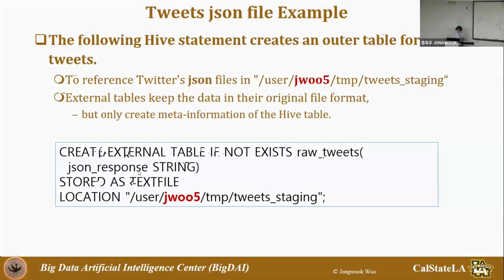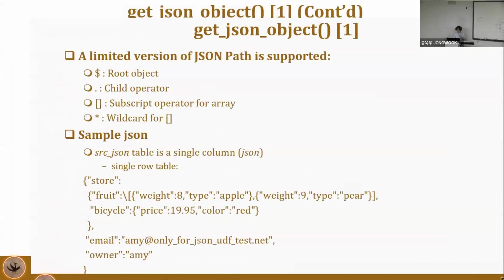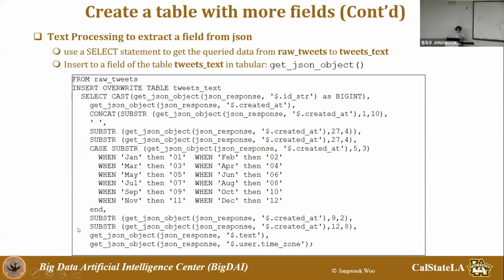Okay, so I want to read the JSON response column, especially using getJSON object. When I read the JSON response column, I want to look at root.user. I want to look at user and the user's time zone, root.user.time zone.